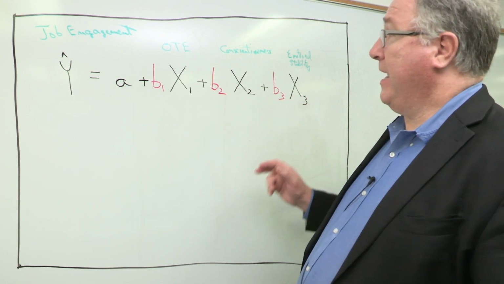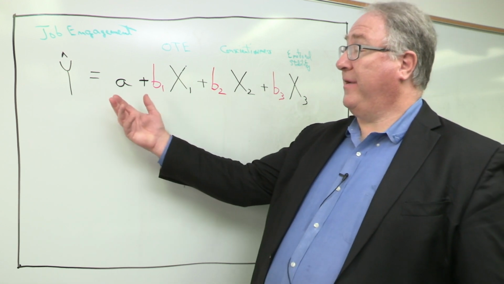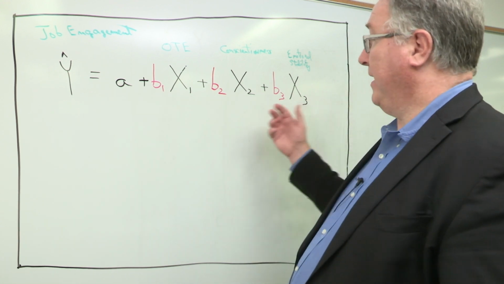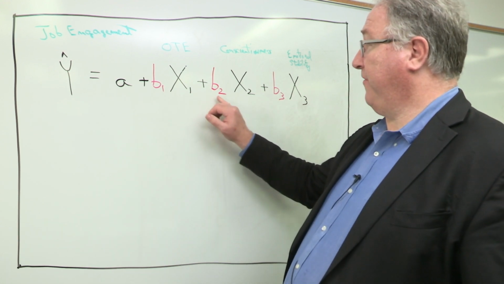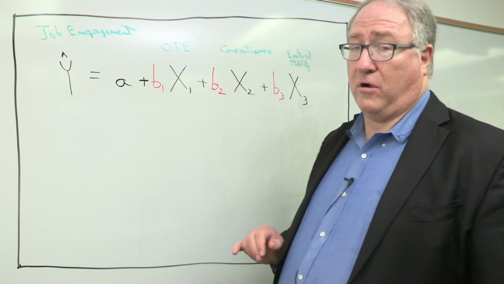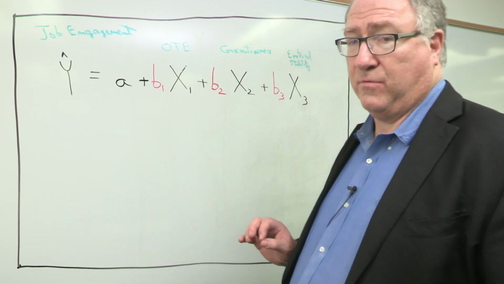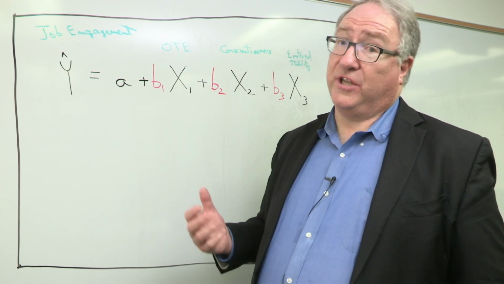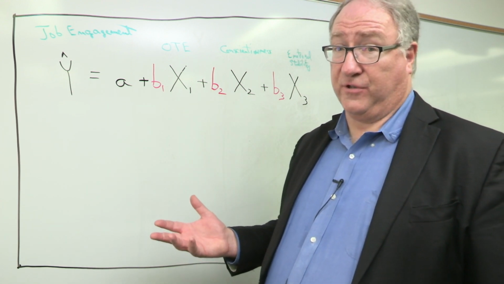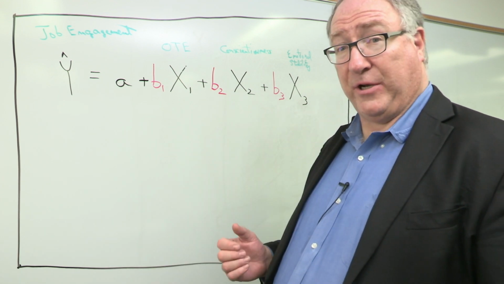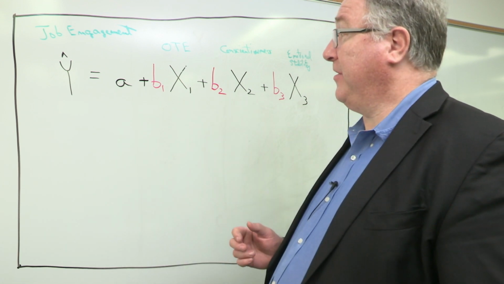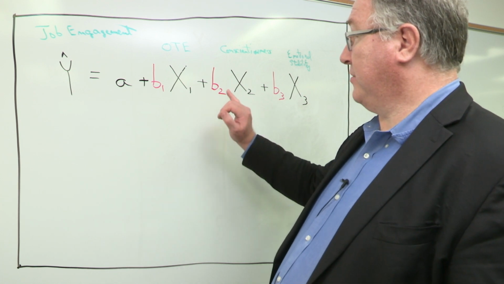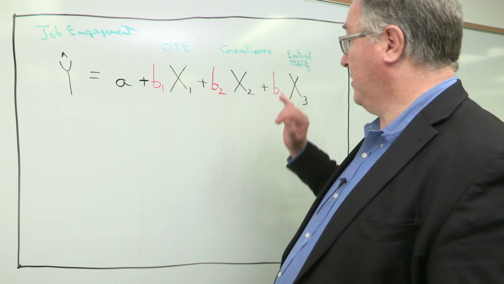In this model, each of these regression coefficients is called an unstandardized regression coefficient. That's in contrast to a standardized regression coefficient, which we'll talk about at some later point. But these are unstandardized regression coefficients.